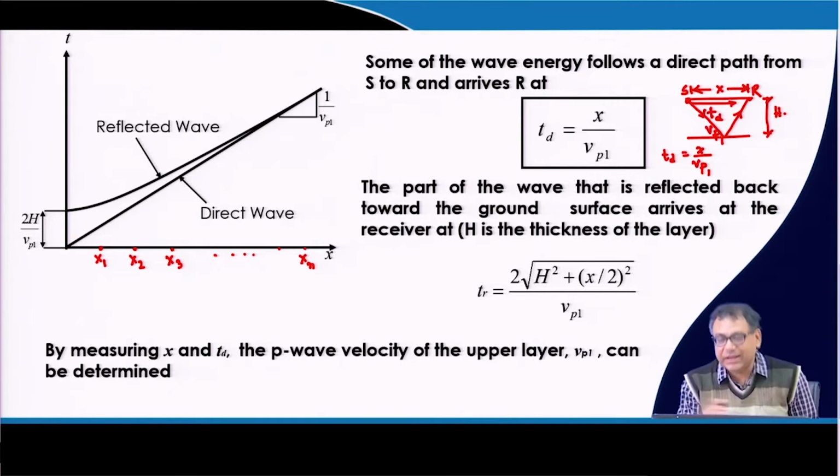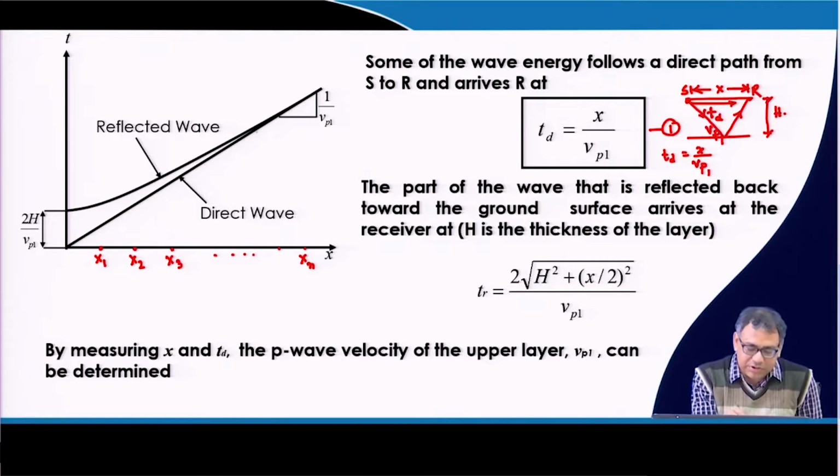For every geophone, the direct ray equation is x divided by Vp1, and Vp1 will not change because it is the same soil layer; only the distance will change. This is a straight line, equation 1, and it is passing through the origin.